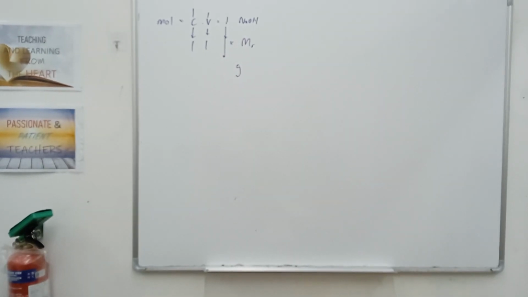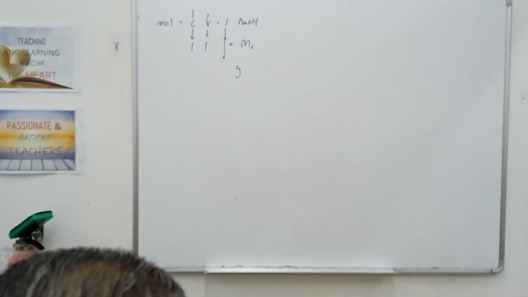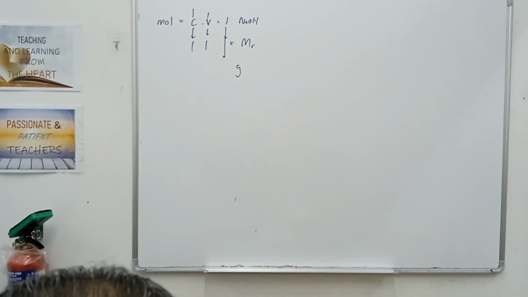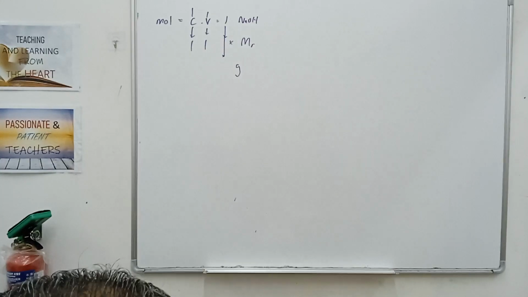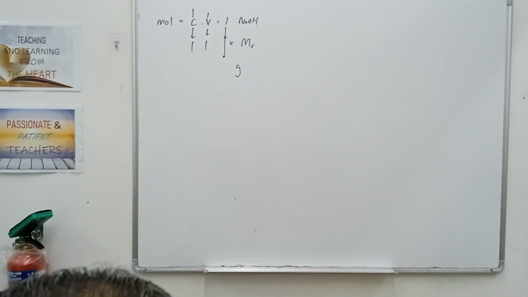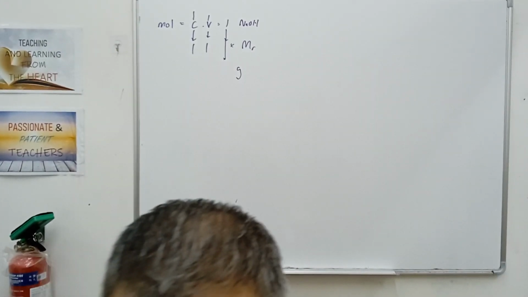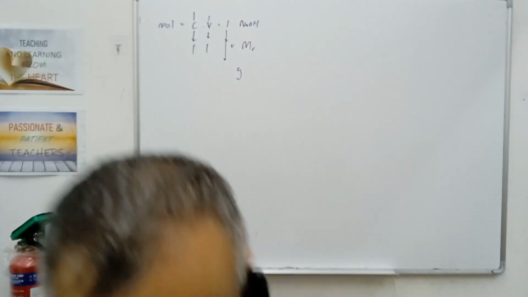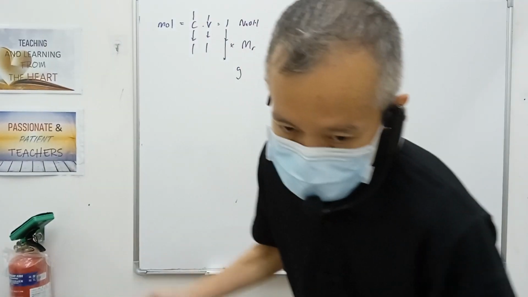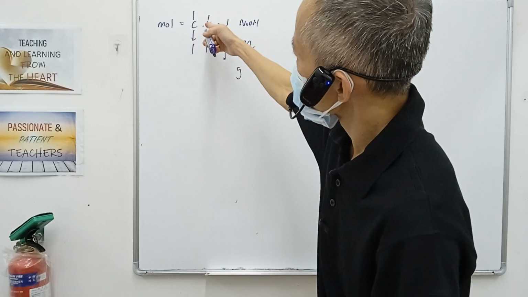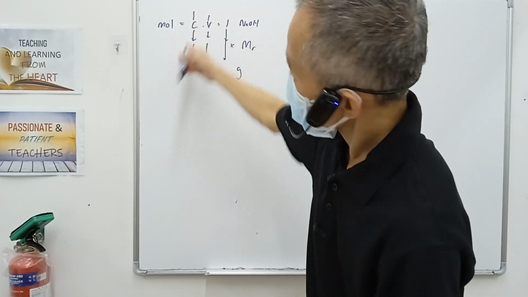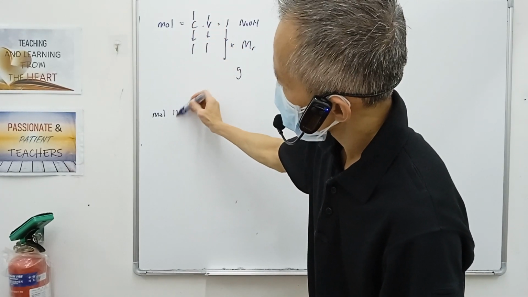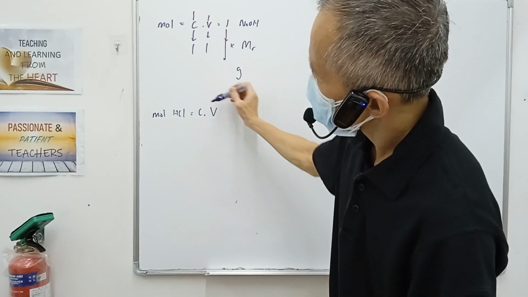Shivendra, did you do this? B, B for boy. Okay, the answer is actually A. Now, if I look at HCl, what are you given? Same thing, you're given volume, you're given concentration. So, mole of HCl equals to Cv.